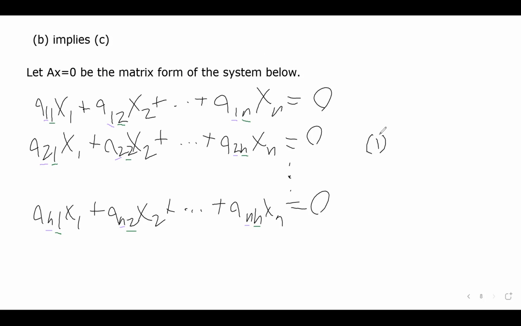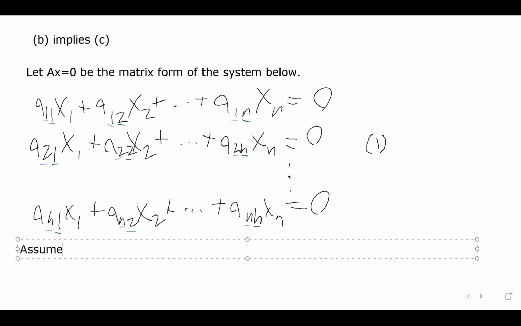Okay, and so what we're going to do is assume it has only the trivial solution. Assume the system above has only the trivial solution. That's B, saying that AX equals 0 has only the trivial solution.